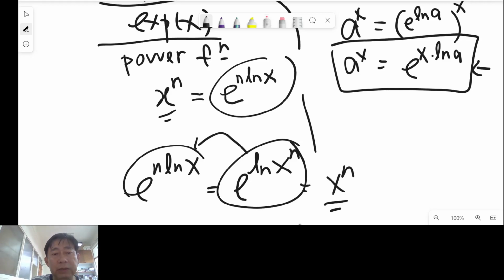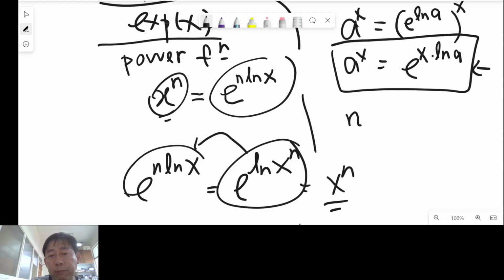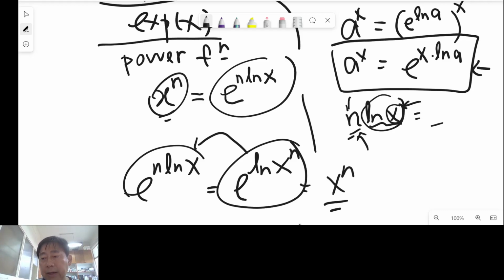So operationally speaking, in order to calculate the value of this, first you calculate the product of n ln x. x could be any positive real number, including irrational numbers. n could be any real number, including irrational numbers. So the product of an irrational number and another irrational number could possibly become another irrational number.